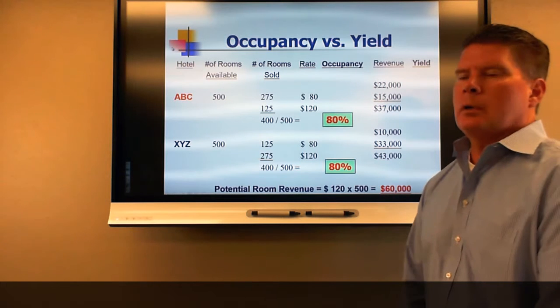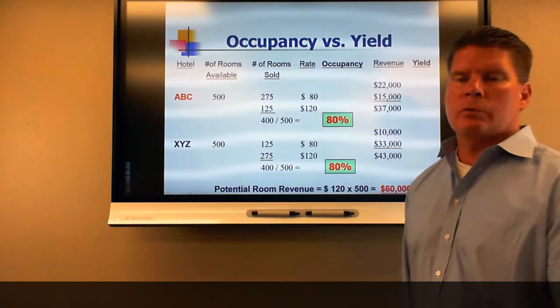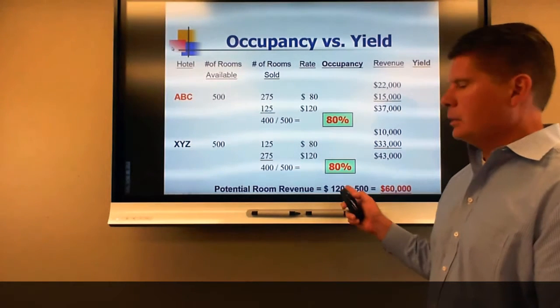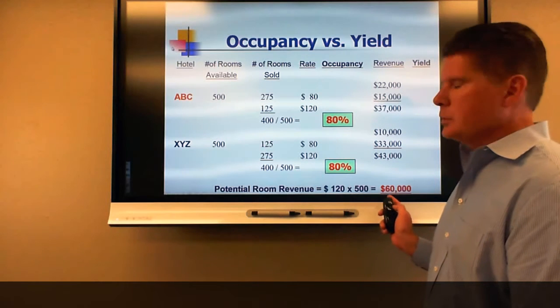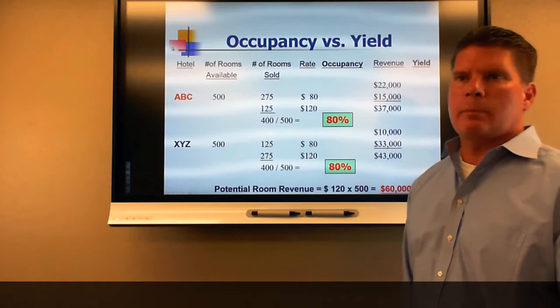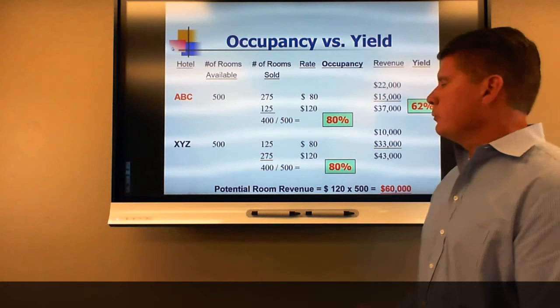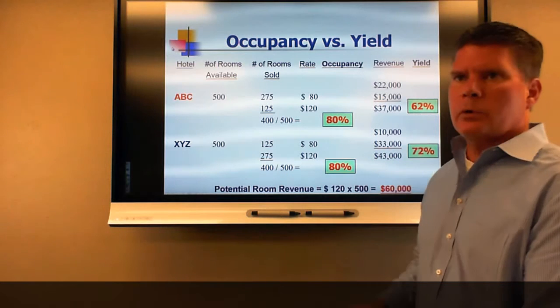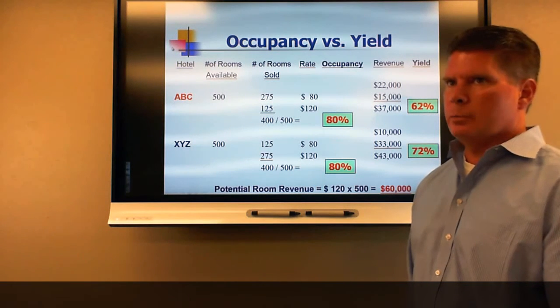In order to determine our yield, we take our potential room revenue for both hotels, which is our rack rate of $120 times our 500 rooms, and it's $60,000. So in order to determine the yield, we take the $37,000 divided by $60,000, and we come up with a yield of 62%. And for the yield for XYZ, we take $43,000 and divide it by $60,000 and come up with a yield of 72%.